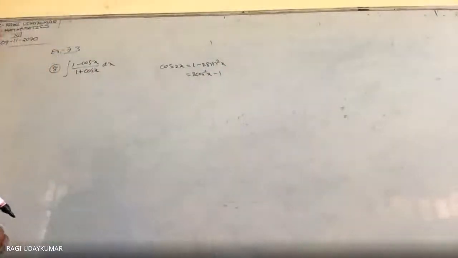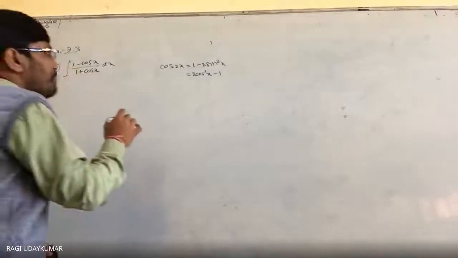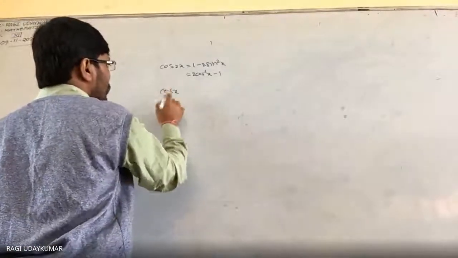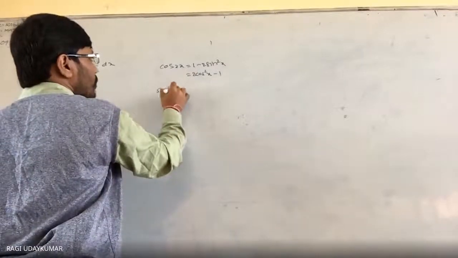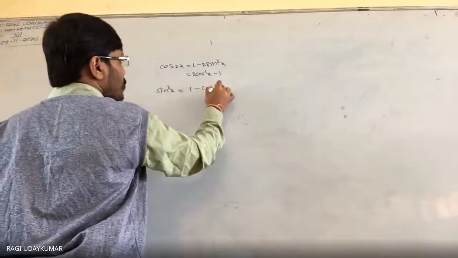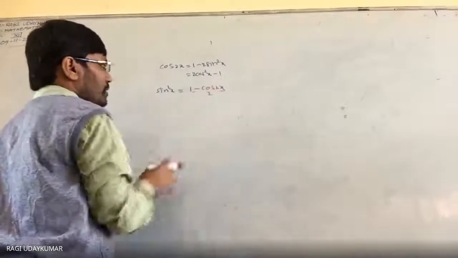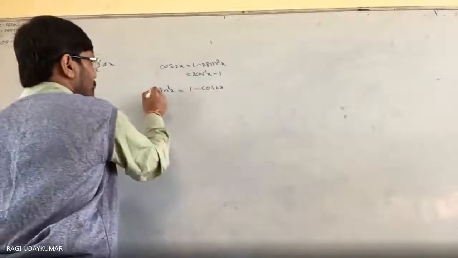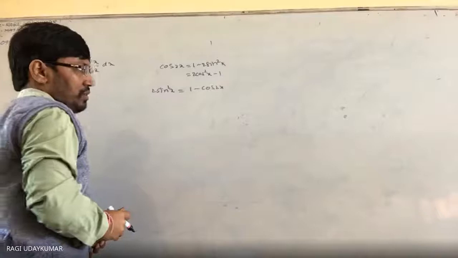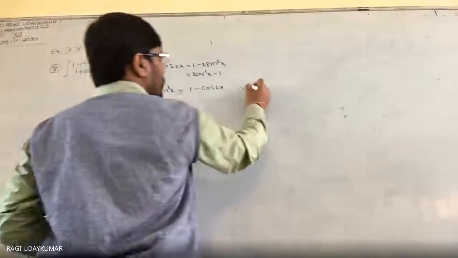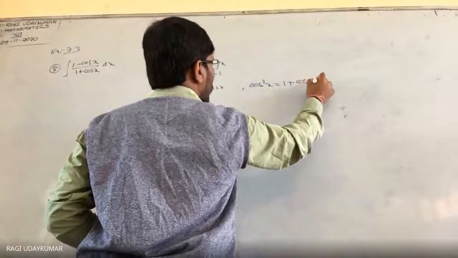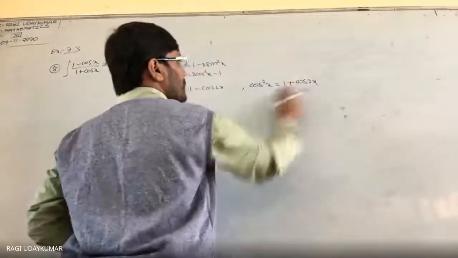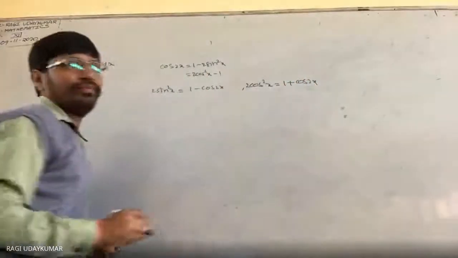Cos 2x is equals to, okay, so now here from this you can write sin square x is equals to 1 minus cos 2x by 2, and you can write 1 minus cos 2x as 2 sin square x. In the same way, cos square x is equals to 1 plus cos 2x by 2. ये 2 इधर ले गया 2 cos square x.